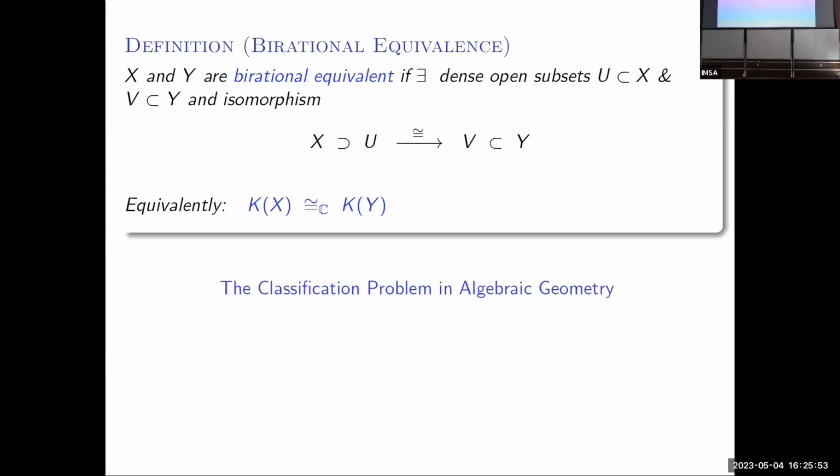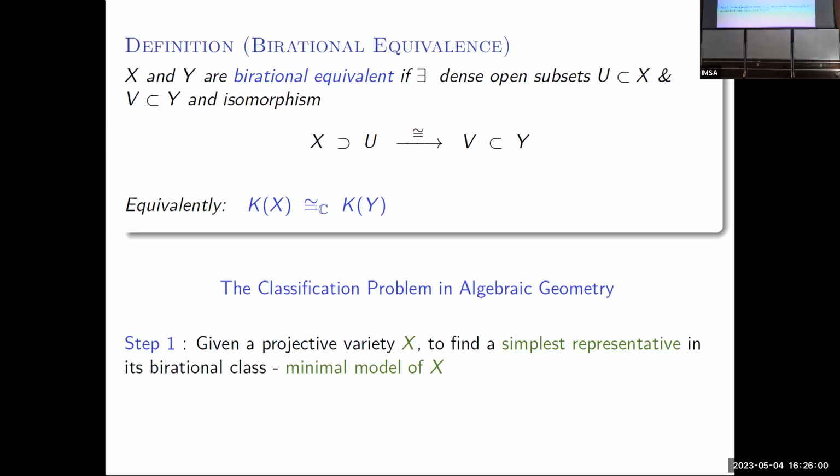So now this is how the classification problem in algebraic geometry goes in higher dimensions. The first step can be summarized in this way. Given a projective variety X, we want to find a simplest representative of X in its birational class. This is what we call a minimal model of X. For instance, P2 is simpler than P2 blown up at a point.